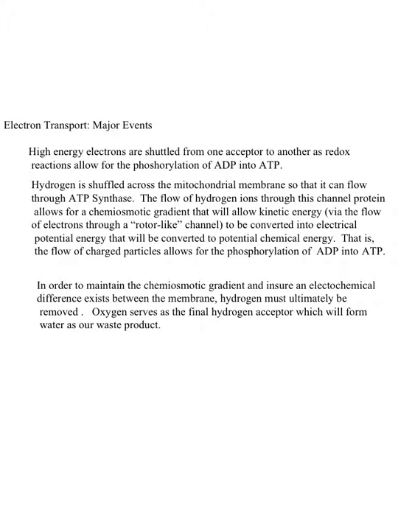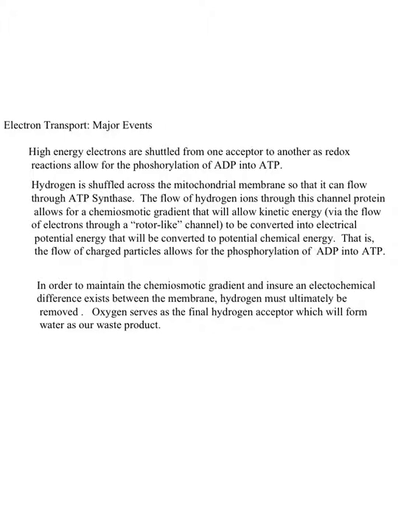So let's see how the phosphorylation process of ADP to ATP is going to happen because of charged particles moving across membranes. Imagine hydrogen ions being shuffled across the mitochondrial membrane, and we're going to have a special channel protein called ATP synthase. I'll show you how this works in a sec.